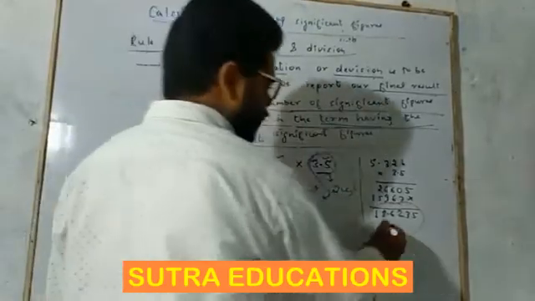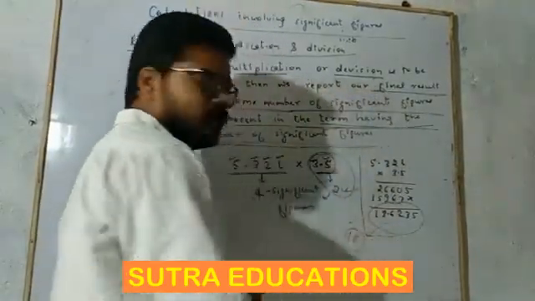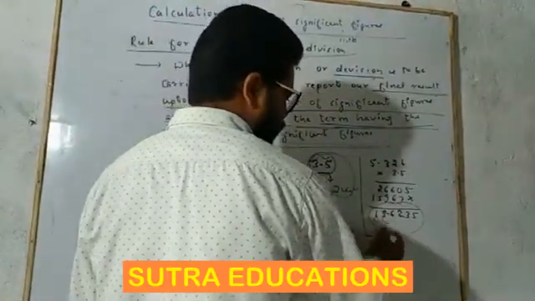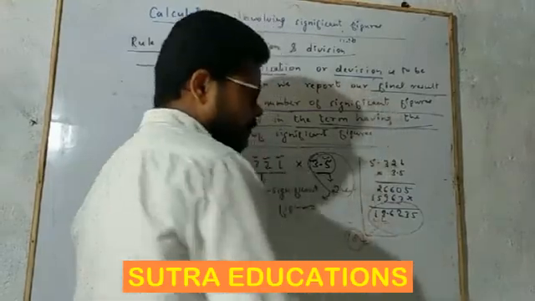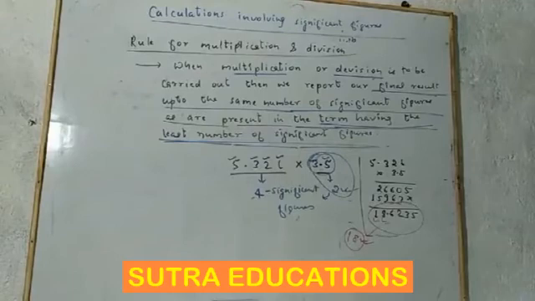So it will be equal to 18, because 2 significant figures are present here. Getting the rule? The answer is 18.6235, but we have to write only 18, because if we write 18.6235, then there will be 6 significant figures.